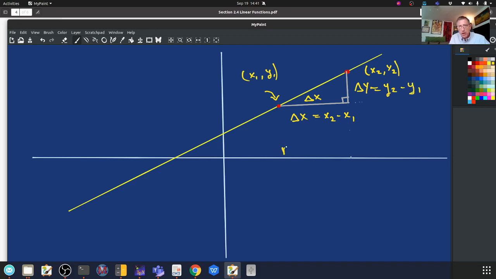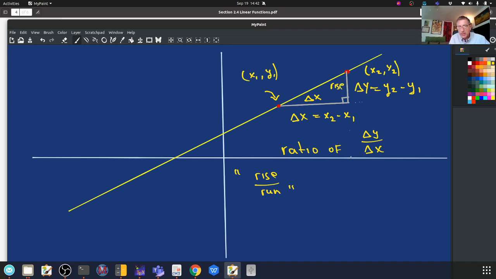So we want to know what is the ratio of delta y to delta x. For some of you who are thinking rise over the run, then you're exactly right. That's conceptually what delta y is. That's the rise, and this is the run.